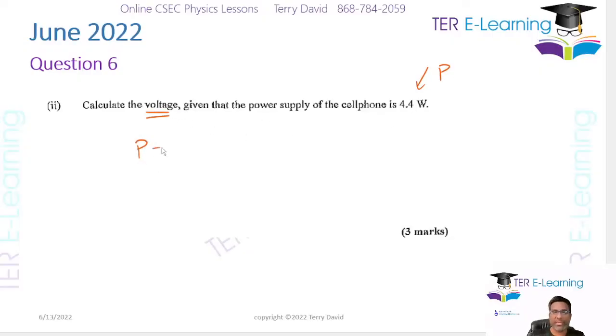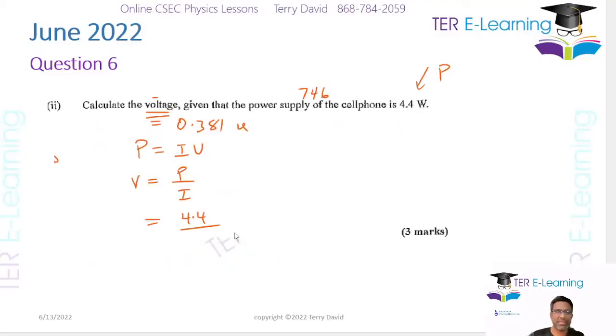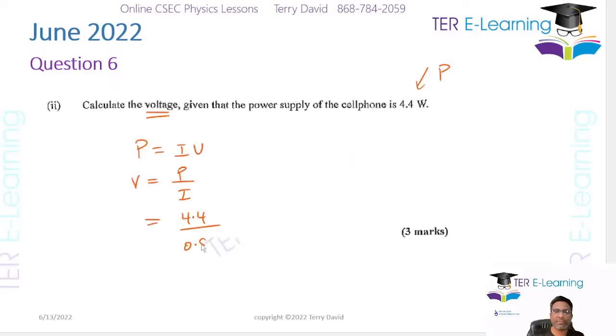We can use P is equal to IV, so V is equal to P over I. The power rating for this is 4.4, and the current they told us previously was 0.8 amps. So all we need to do is 4.4 divided by 0.8, and that gives me 5.5 volts. I don't know if these numbers look familiar to you all.